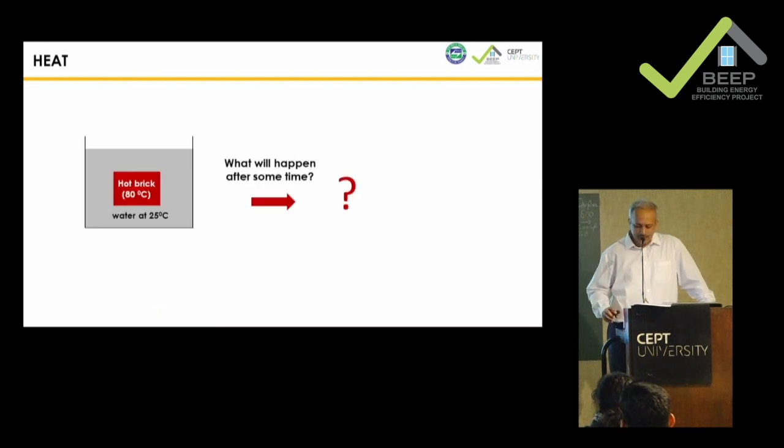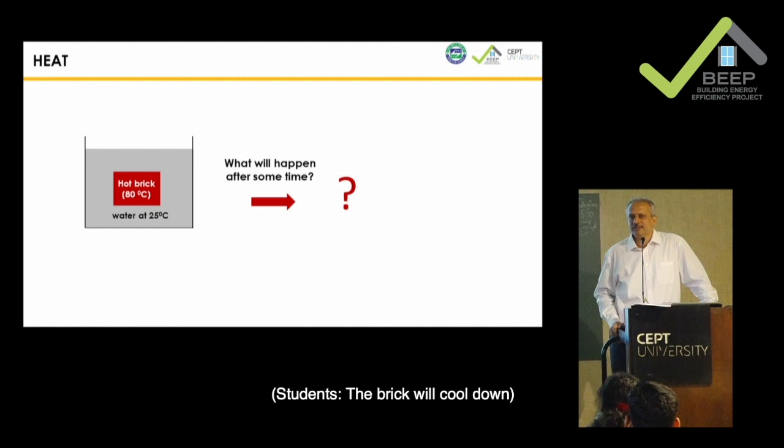So if we have water at about 25 degrees centigrade, and we put in a hot brick at about 80 degrees centigrade, you can guess what will happen, right? What will happen to the brick? It will cool down.